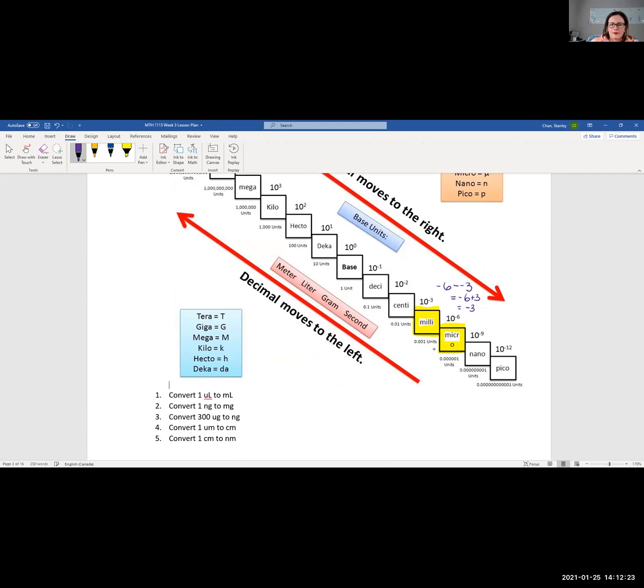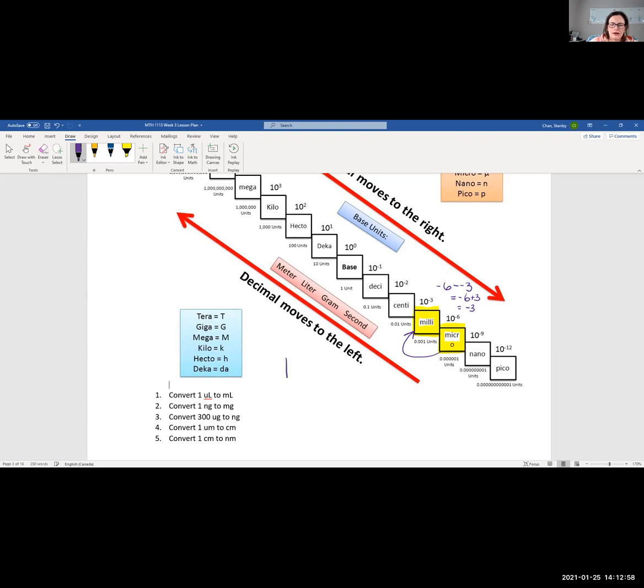So to go from microliters to milliliters, we're going to have to move the decimal place 3 spots. Now, is it to the left or to the right if we're going from micro to milli? We're going up. So the decimal is going to move how many spaces to the left? Three spaces to the left. That's right.